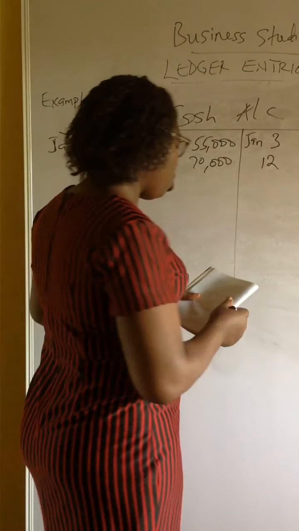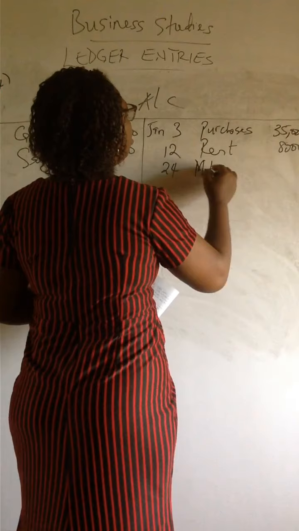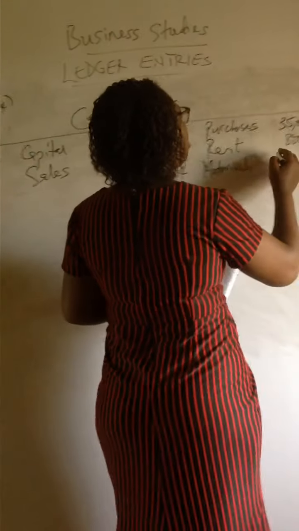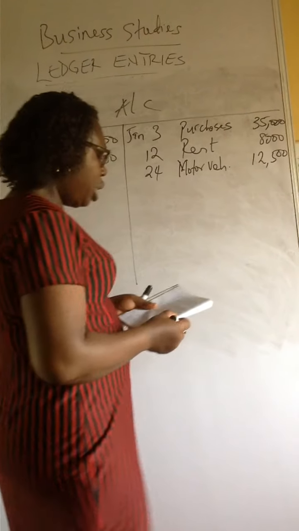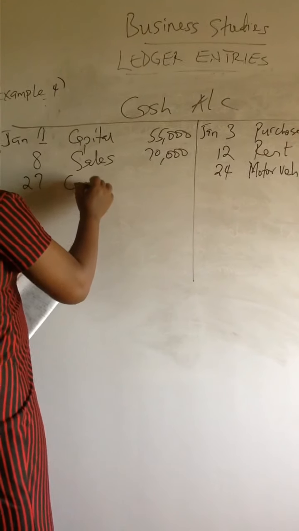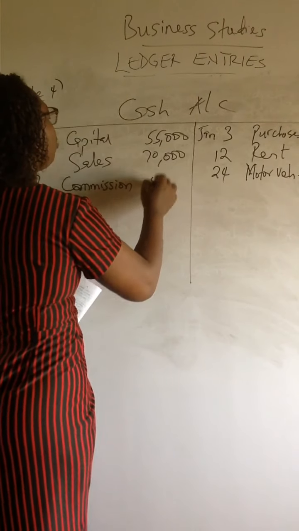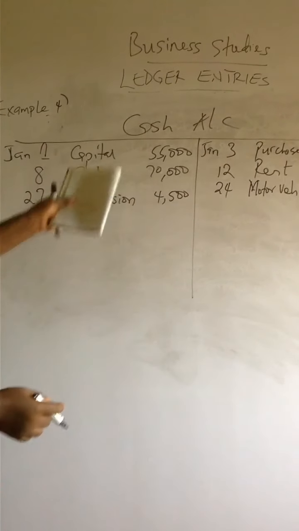On the 24th, they spent money again. What did they use it for? They bought a motor van and they spent 12,500 naira. Next transaction, they received. What they received? Commission. And that is for 4,500 naira.